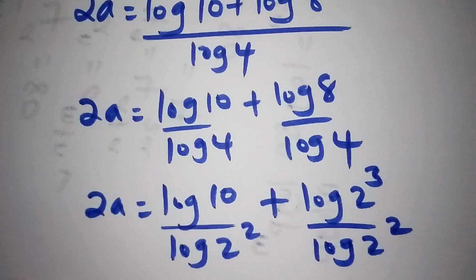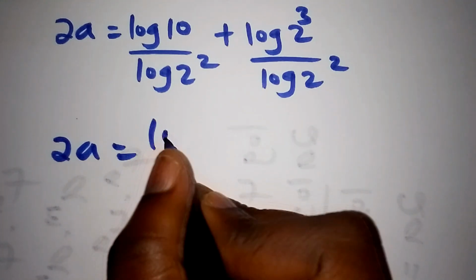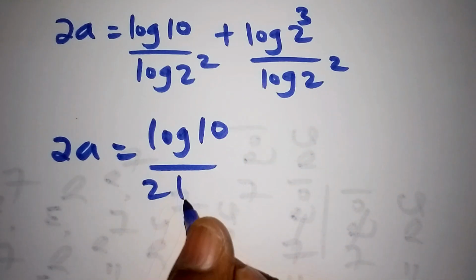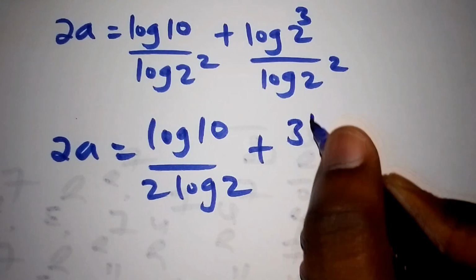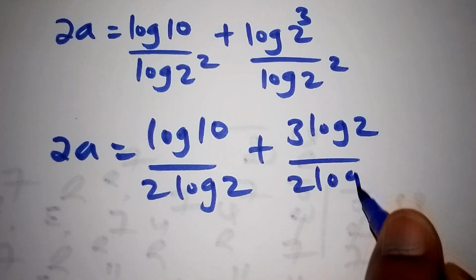So next, 2a is equal to the log of 10 all over 2 log 2, plus 3 log 2 all over 2 log 2.